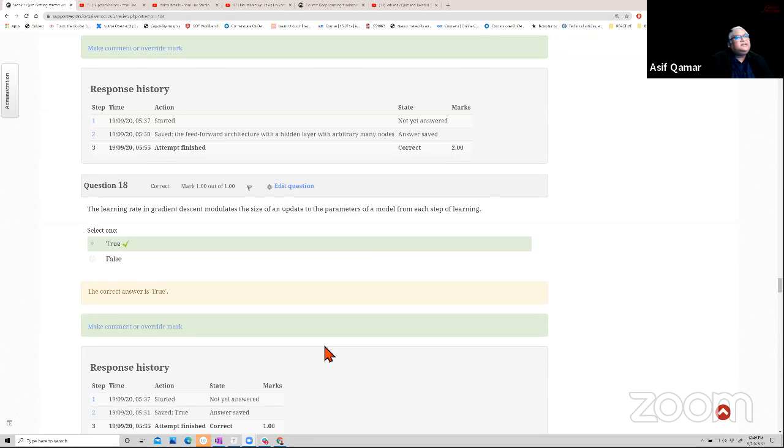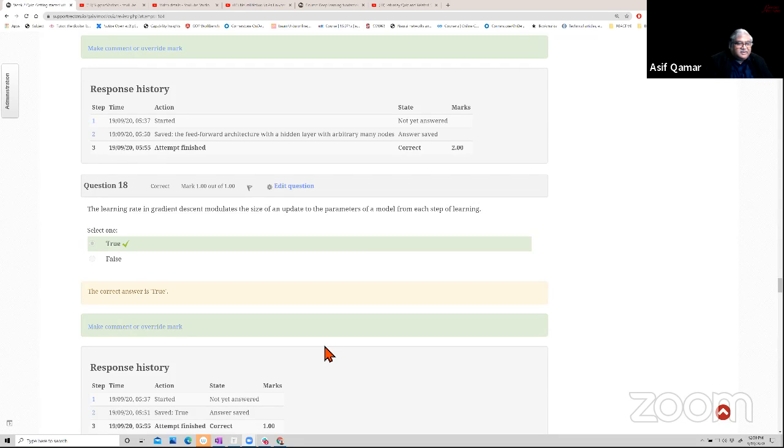So the learning rate in gradient descent modulates the size of an update to the parameters of a model from each step of learning. This is true. That's literally what it is. If your learning rate is too high, your parameters will get updated by huge amounts. So for the same gradient, let's say there is a weight Wi, and the partial derivative of the loss with respect to Wi is, let's say, 1 for the sake of argument.